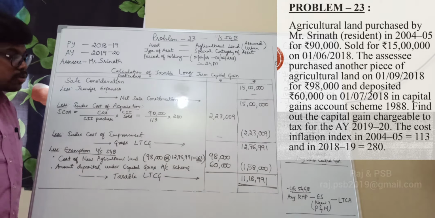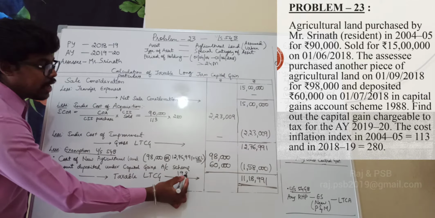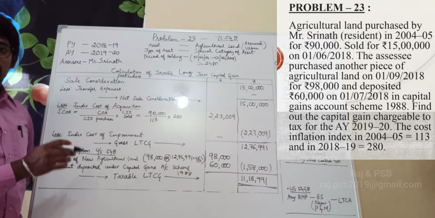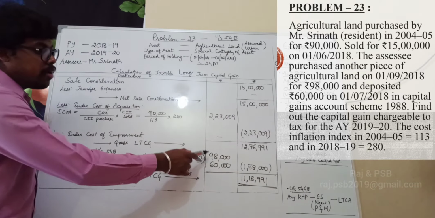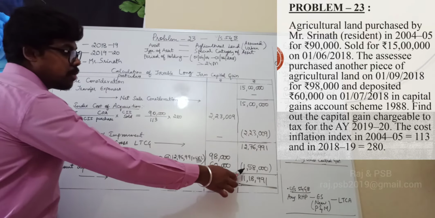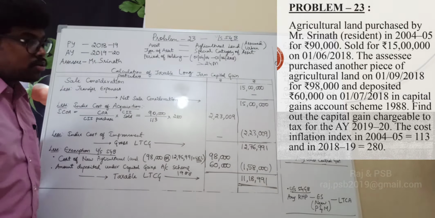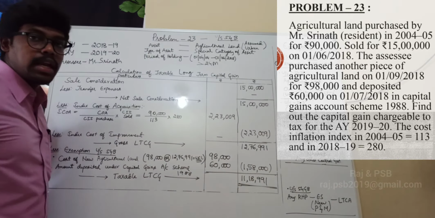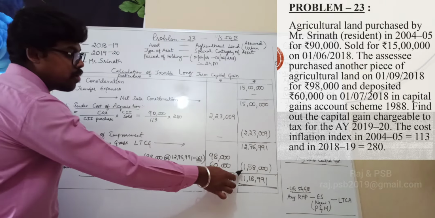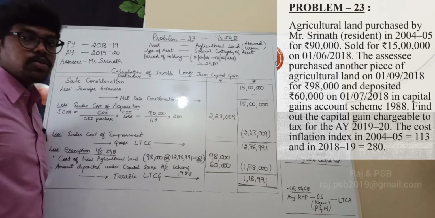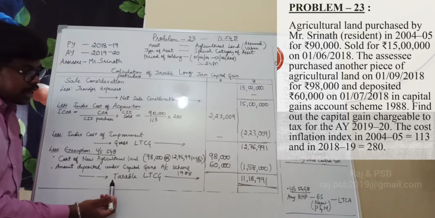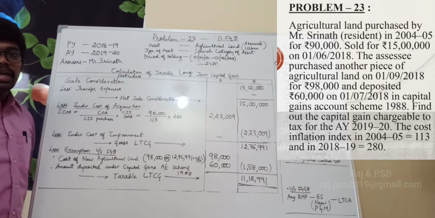Here, as per the 1988 scheme, they have deposited that is 60,000. So we are going to add both amounts and it will be 1,58,000. So 12,76,991 will be deducted with 1,58,000, that is 11,18,991, which is treated as taxable long term capital gain.